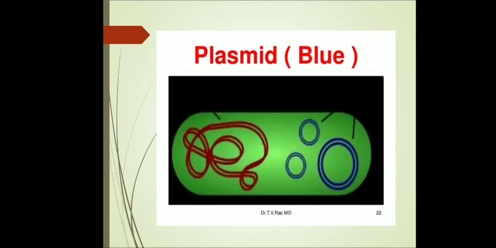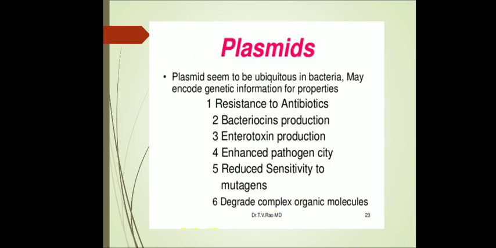So here you can see this is the chromosomal part, and the blue colored structure is the extra-chromosomal part of the cell, a double stranded, self-replicating molecule known as a plasmid.